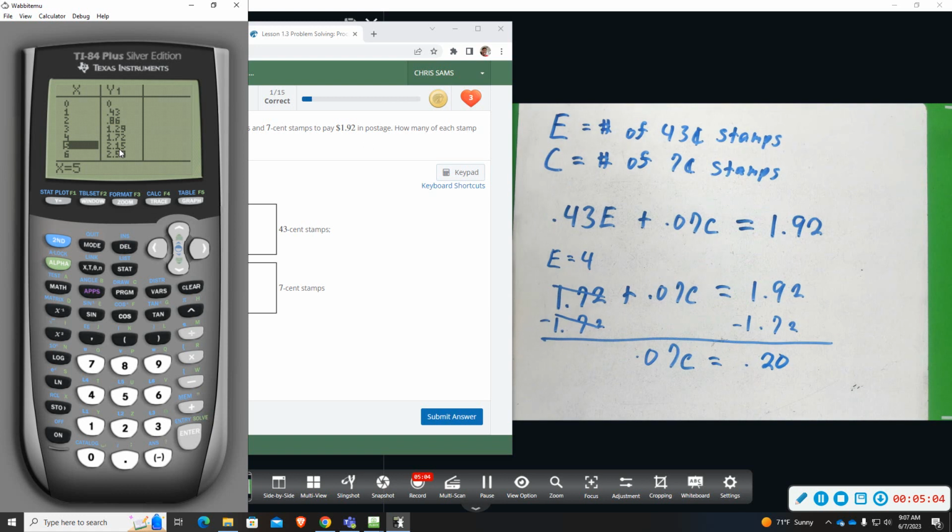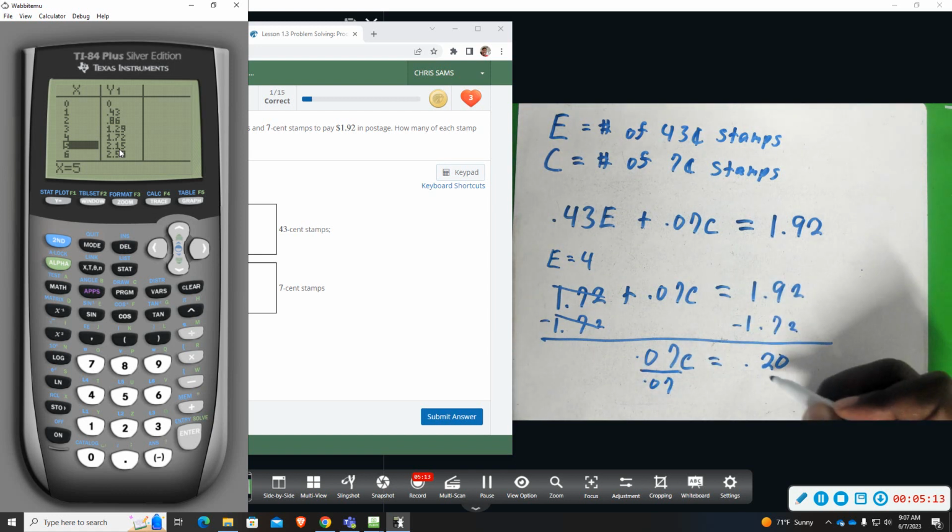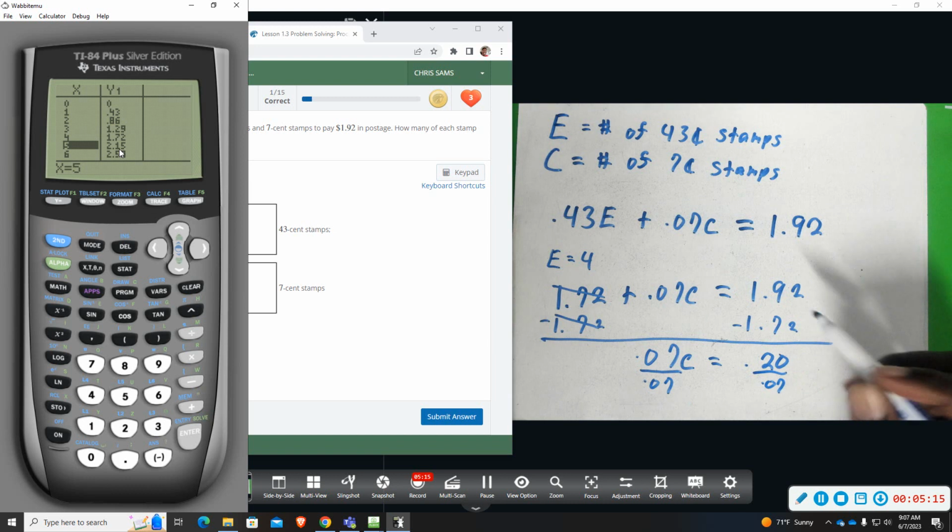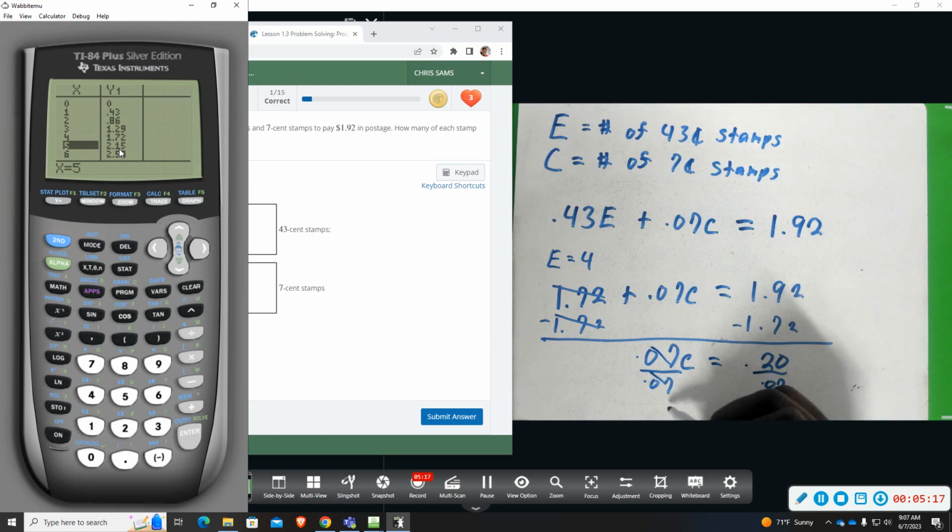So in order to fulfill this, I would divide by 0.07. And that will give us C equals, and this would be like 2 point something.